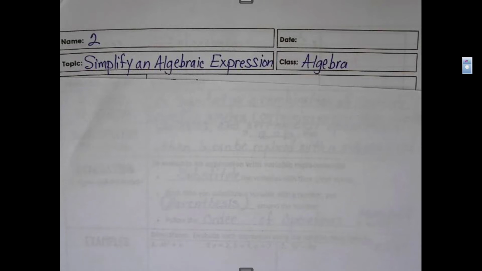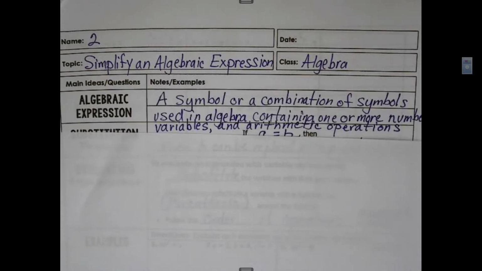So this is simplify an algebraic expression. And so what is the definition of an algebraic expression? Okay, so this is a long definition, so feel free to pause it. I'm just going to read it.